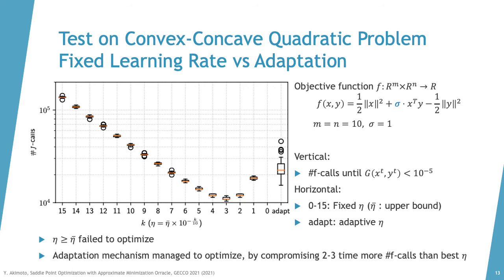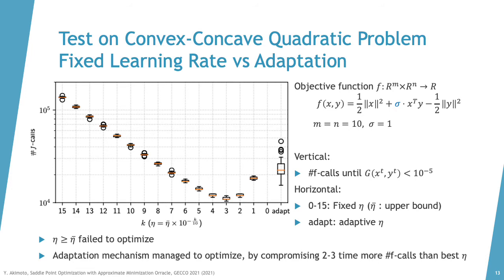We tested AES with adaptive learning rate, which is denoted by adapt, and AES with fixed learning rate, where the learning rate is the theoretically derived upper bound, which is denoted by bar eta, times 10 to the power of minus k over 10. And k is the horizontal axis number.